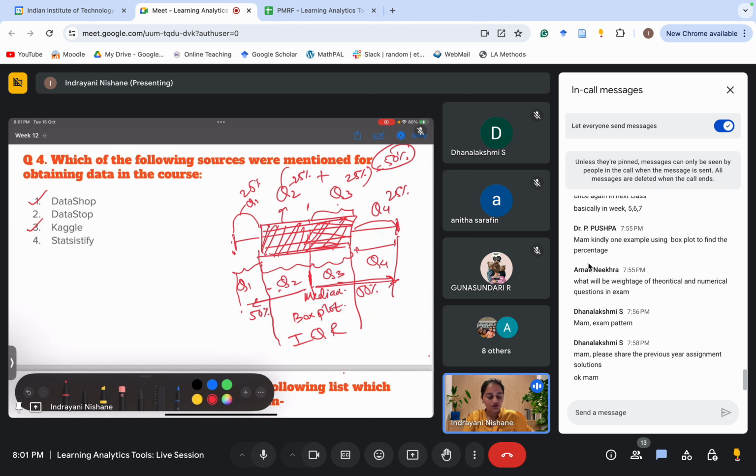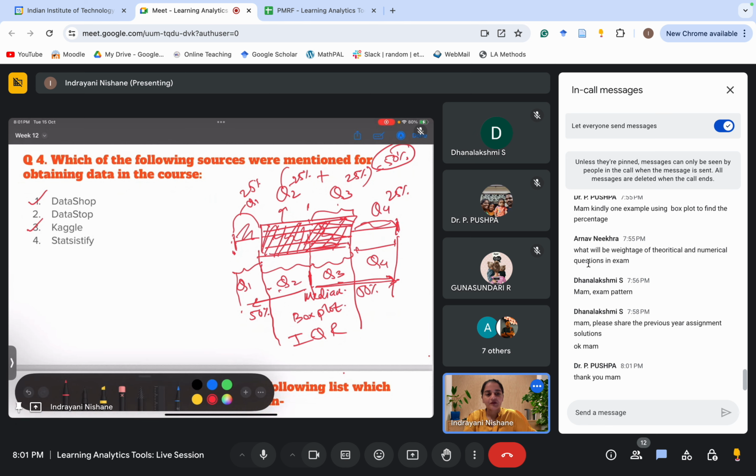So 25% of the data falls here, 25% in second quartile, 25% in third quartile, and 25% in last quartile. That is how we find the percentage of data points, how many of the total data points were falling where. Okay.